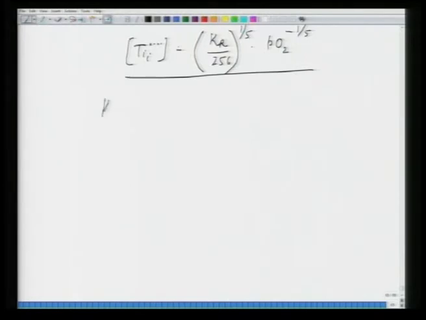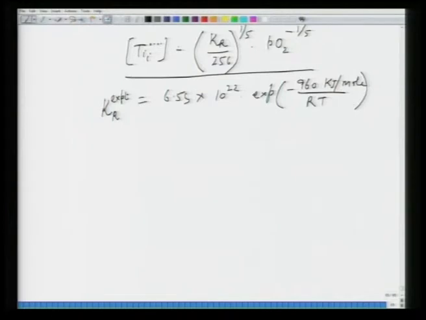Now I know that Kr experimentally is determined as 6.55 multiplied by 10 to the power 22 into exponential of minus 960 kilojoule per mole divided by RT, and this has a unit of MPa centimeter inverse. So now again I take T is equal to 0.8 of Tm, which is nothing but about 1690 Kelvin in titanium oxide.